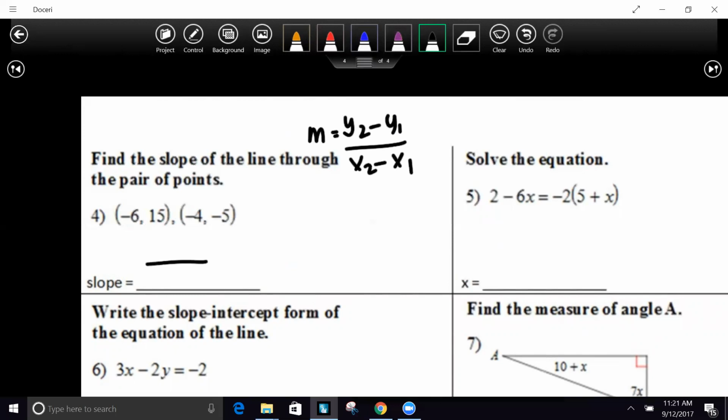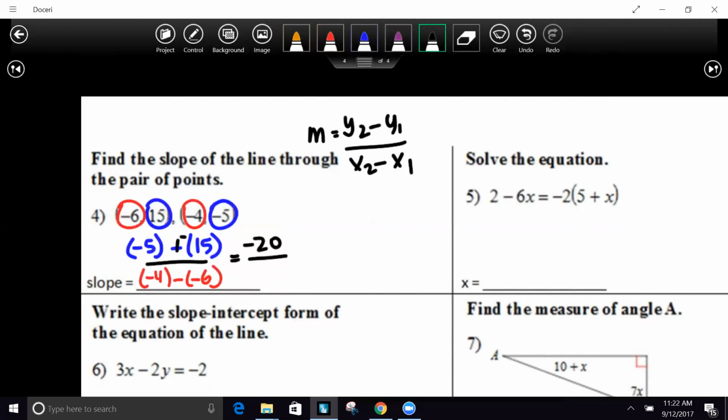So y2 and y1, if you put parentheses around them, it helps out. x2, x1. When we simplify, keep, change, flip, gives me negative 20. Keep, change, flip gives me 2. Negative 10 over 1, or just negative 10 would work.